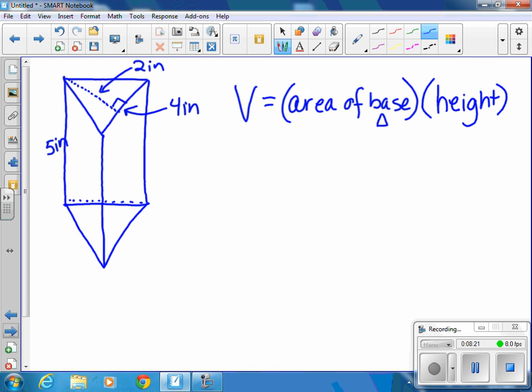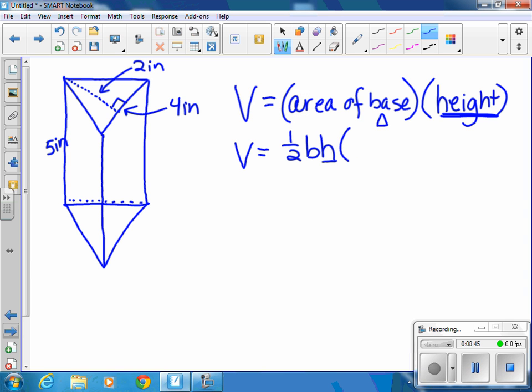Okay, so again, making my life a little easier here, because I can remember how to find the area of a triangle. It's half base times height, or you might put BH over 2. It does the same thing, okay? Now, this is where it gets tricky, because I have a height here on my triangle, but I also have, remember, this height. This height is the height of the whole prism.